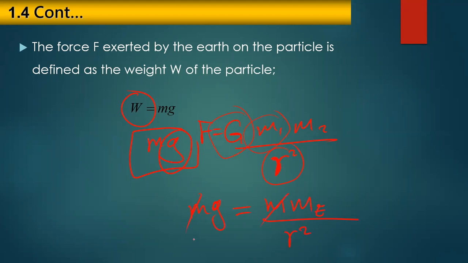This m and that m can cancel, and then we also multiply by this g. When you simplify this expression, you find that the answer is 9.81 meters per second squared. That's how they got this figure.